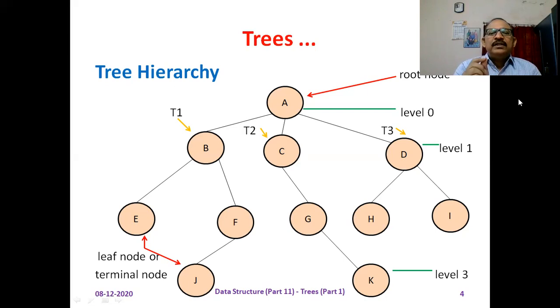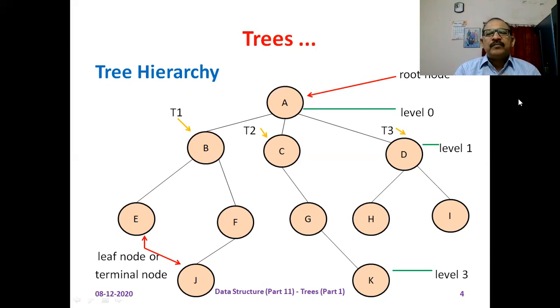The number of edges, first is AB, next is BF and next is FJ. Therefore, there are 3 edges, means the length of the path from A to J is equal to 3.